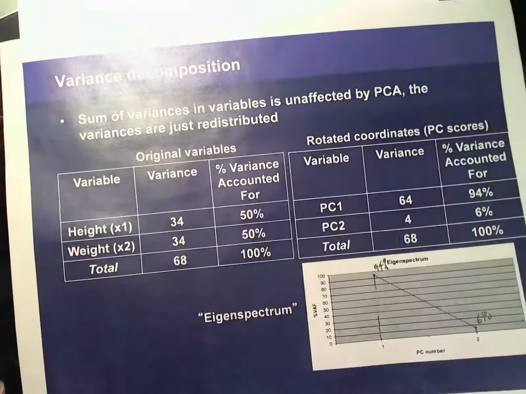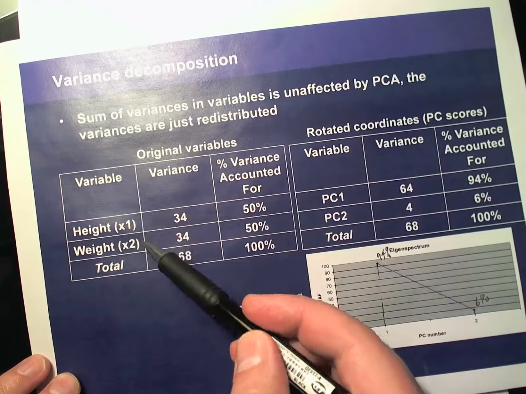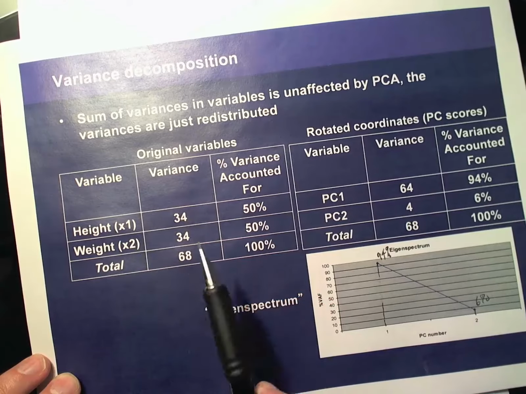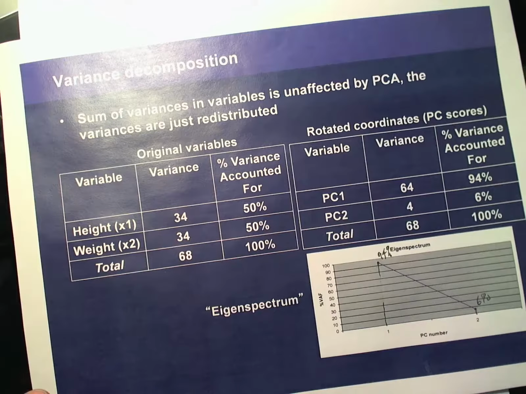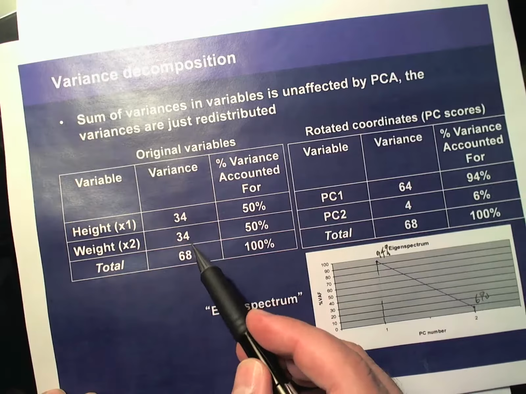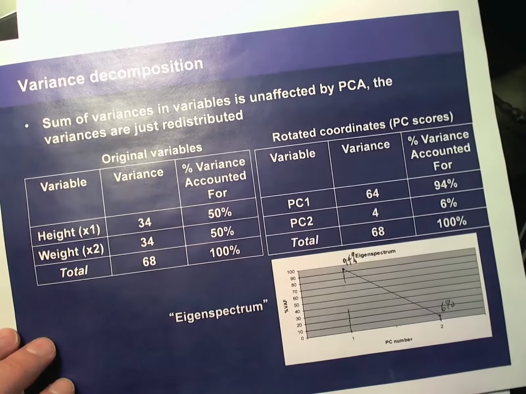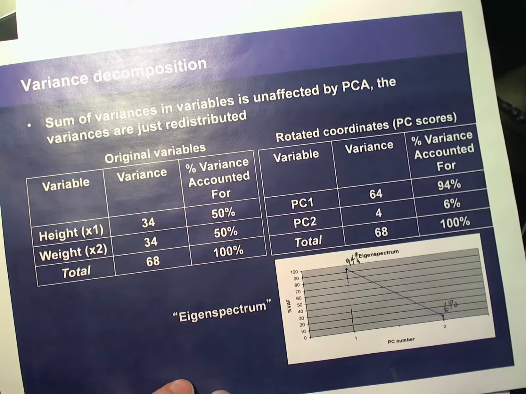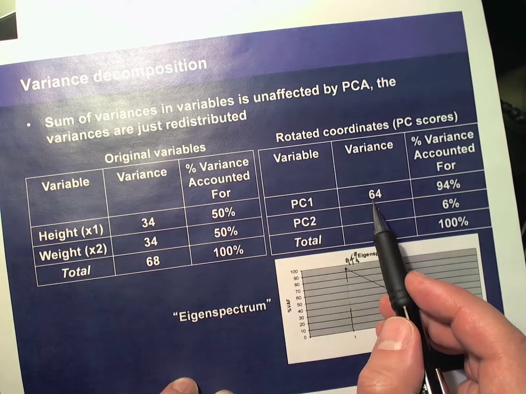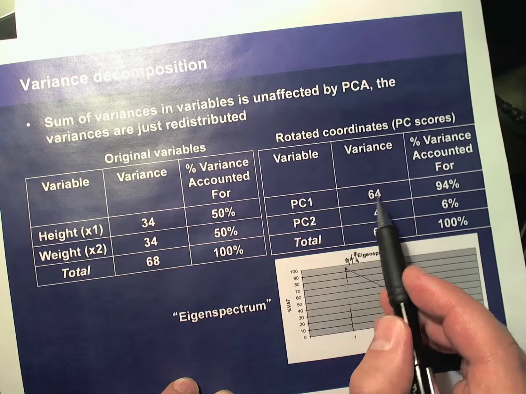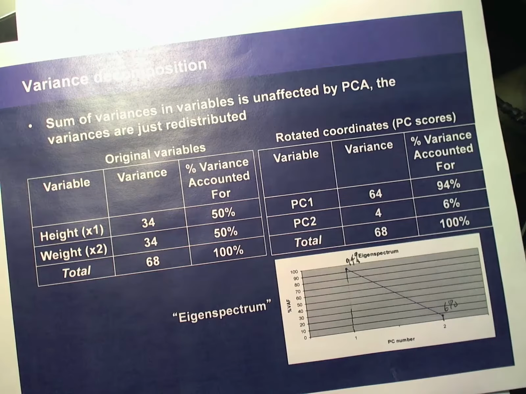Now remember, there I was using height and weight instead of pixel values, but imagine these are two different pixels, and if they tend to have the information spread evenly between the two pixels, what the KL transform will do is move the information so that it's mainly in one of the two coefficients of the transform.